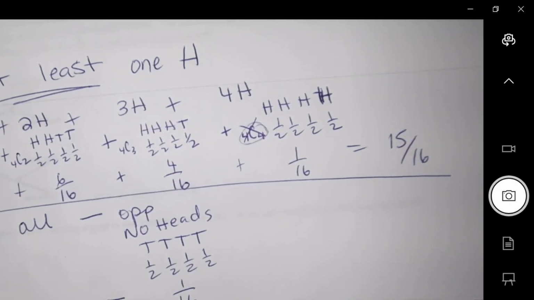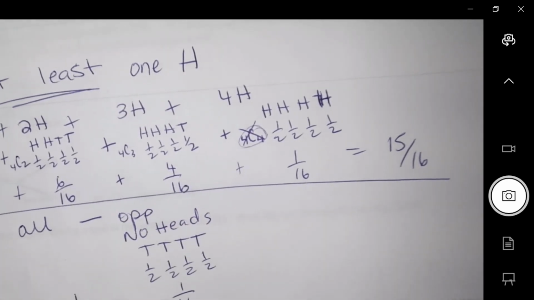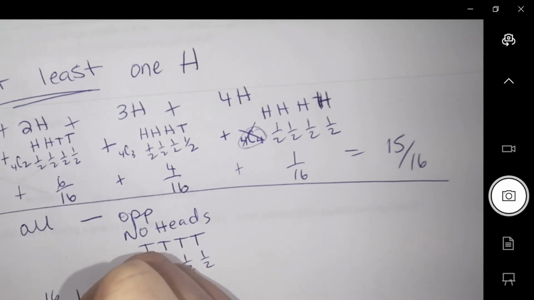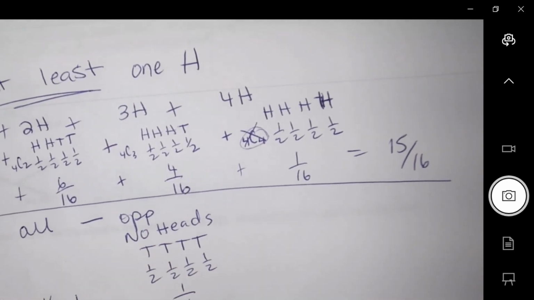In probability, what is the all number? When everything happens, what's the probability of it? 1. A probability, if you ever do a full probability, it's a 1. Or in a percent, you can say it's 100%. Or in this case, also a fraction, 16 out of 16.